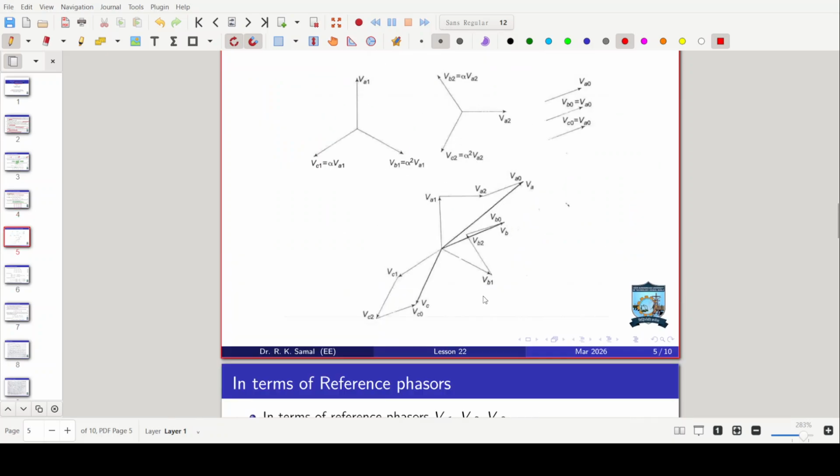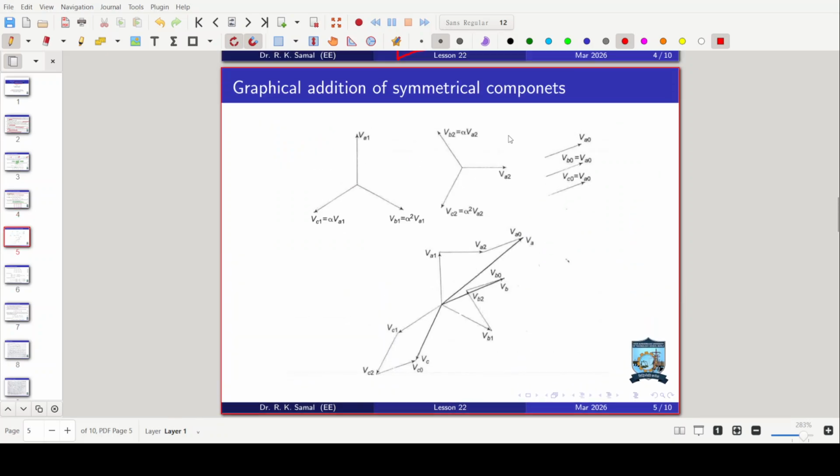Now the same concept can also be shown in vector addition. As you see here, the zero sequence components are in phase.